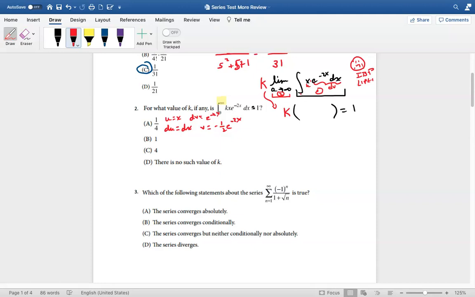Oh, I should put this though. So the integration by parts formula says the integral of u dv is equal to u times v minus the integral of v du.